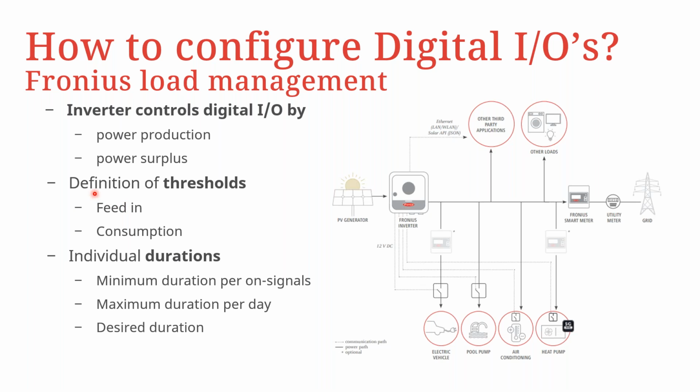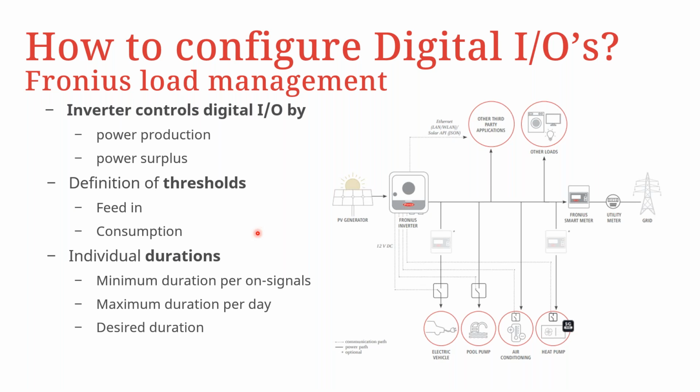Of course, you can do this by defining thresholds. Say, for example, you have 3 kilowatts peak generation and your baseline load is, say, 1 kilowatt. If you have a generation of 3 kilowatts, it means you have a surplus of 2 kilowatts.